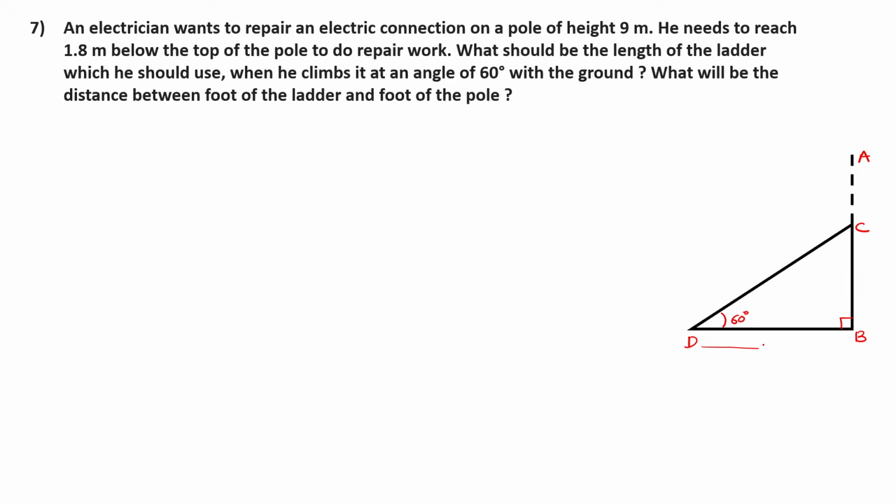This we need to find, let it be x, and the length of the ladder as L, for example. Now this length is given as 1.8 meters. Now the total length is given as 9 meters. Now let us write very clearly. Let AB be the height of the pole.